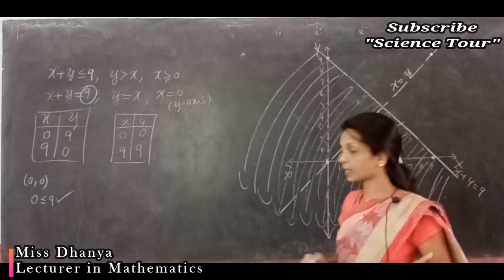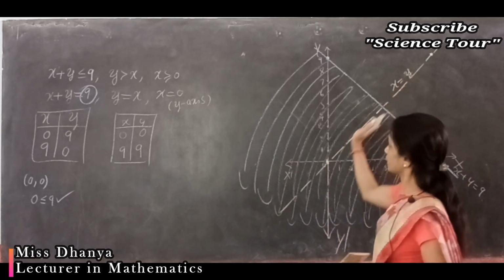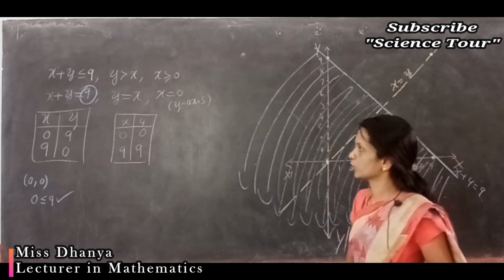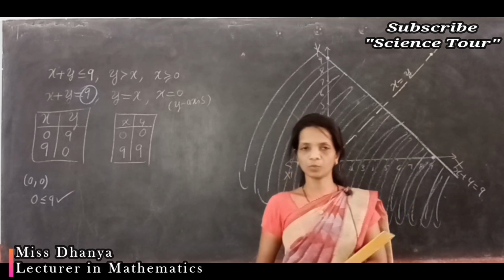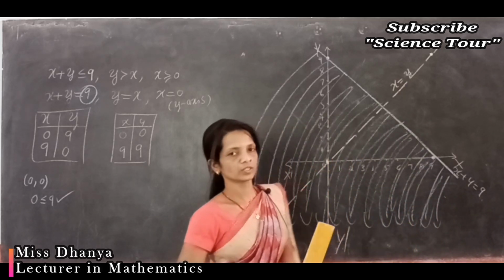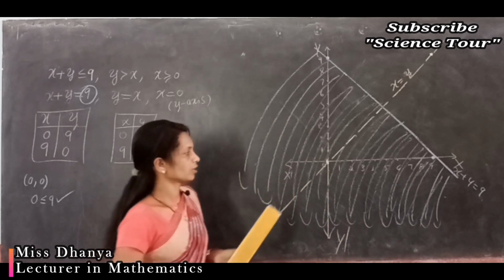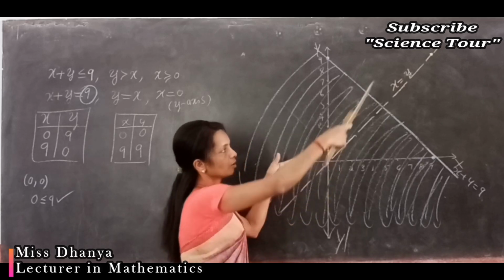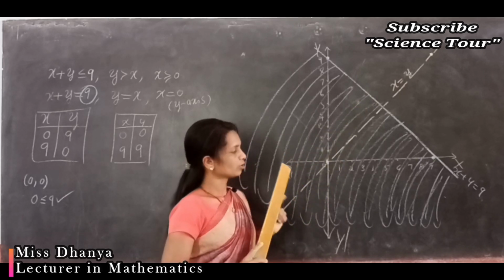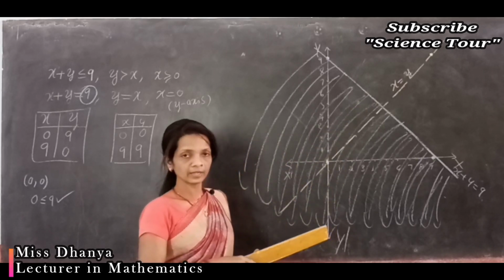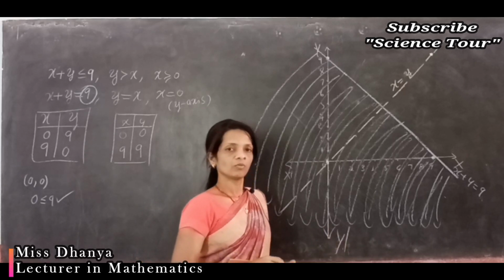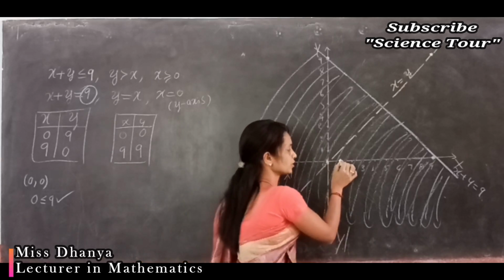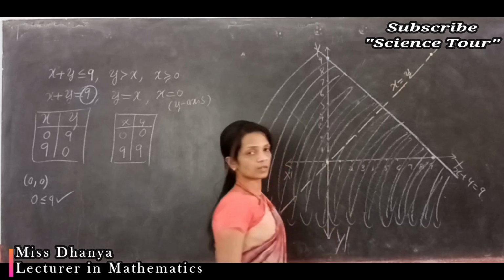Now we have to decide which half plane of this broken line is the solution region. For that you have to take a checking point. Now can we take the checking point (0, 0)? You cannot take it. Why? Because clearly you can see that (0, 0) is on the broken line. So you cannot take that as a checking point. So I'll take one easy visible point (1, 0), that is here, as the checking point.